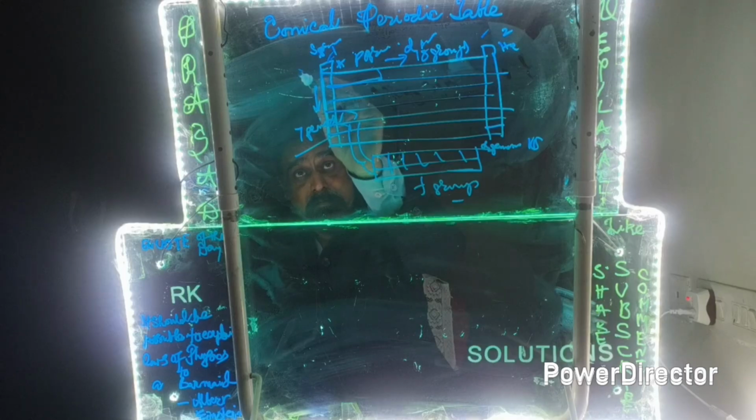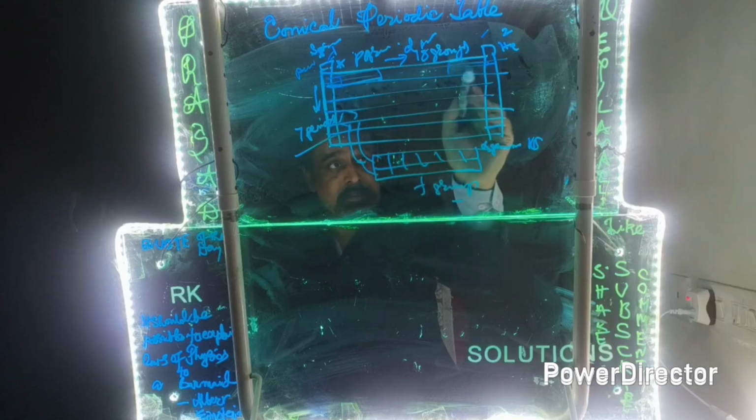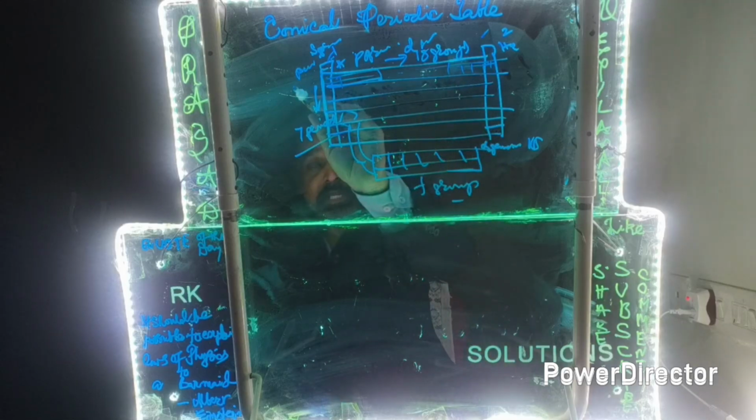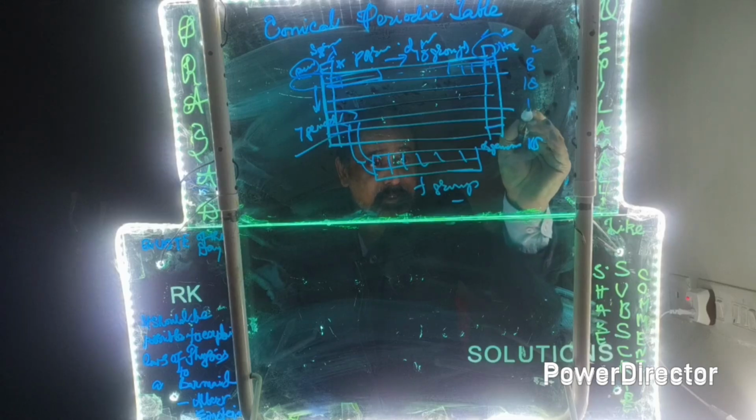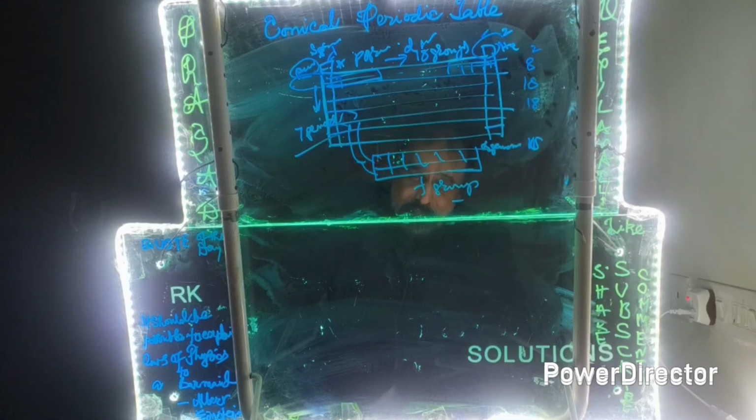There are only 2 elements in the first period. There are 6 elements over here, and here. This is the S and this is the P, I think. So we have a different number of elements in different periods, right? 2, this is 8, I think, and then we have 18, 18, something like that.